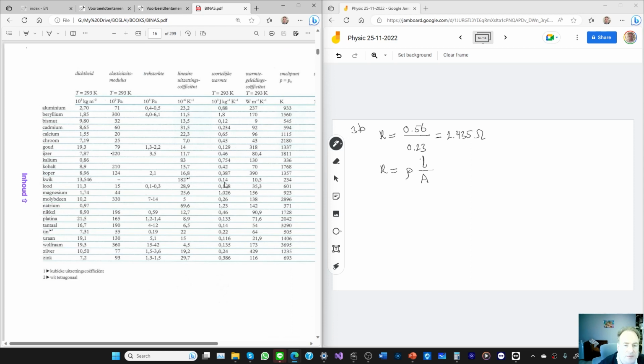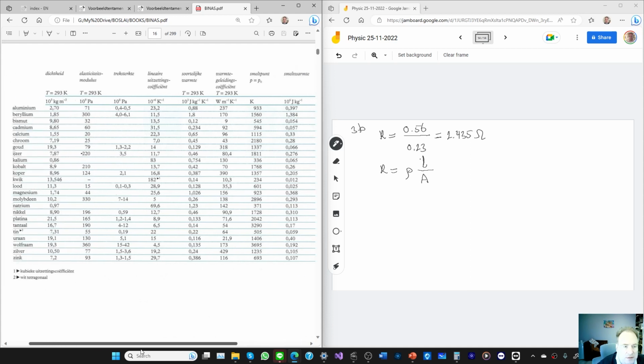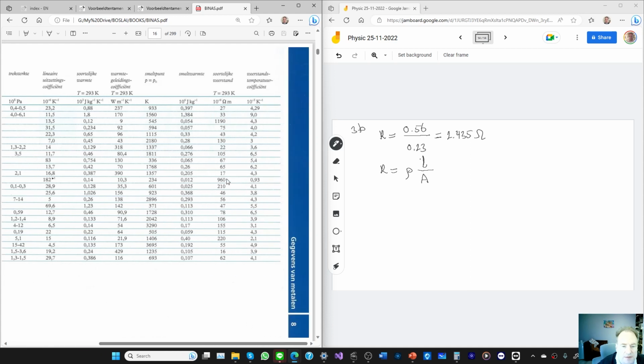Copper is koper in Dutch, and resistivity is soortelijke weerstand. And copper is the low one here, 17. See, copper has one of the lowest resistivities. That's why it's used so often.